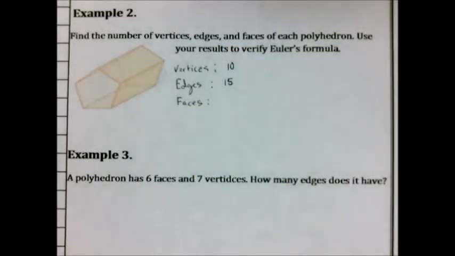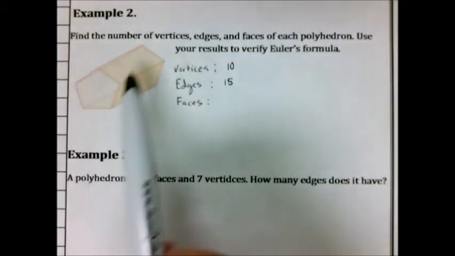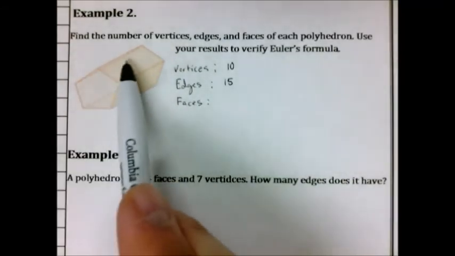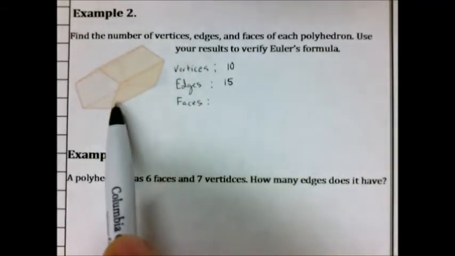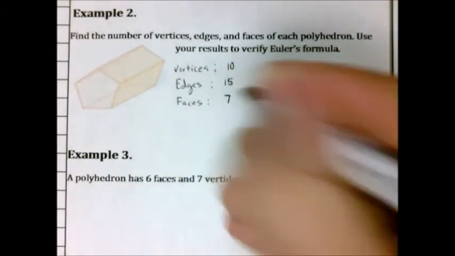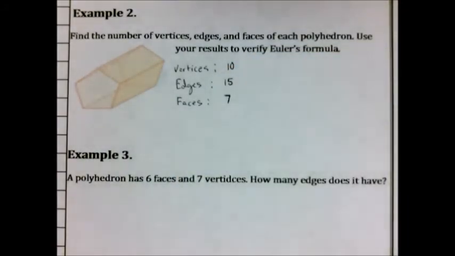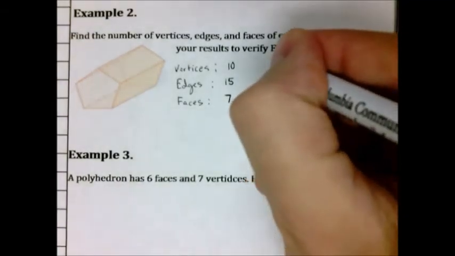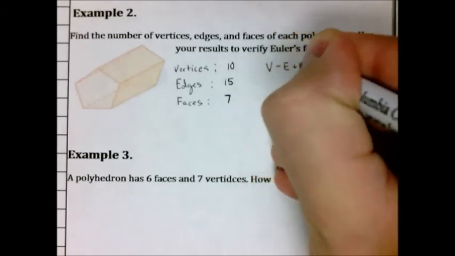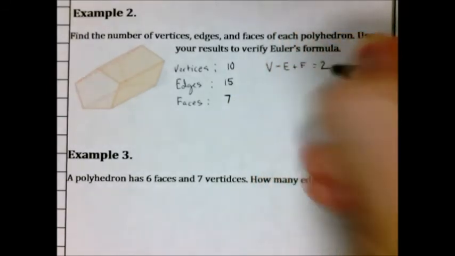Okay, and then let's identify how many faces there are. There's 1 and 2, one at the top and the bottom, and then there's going to be 5 around. So 3, 4, 5, 6, and 7 different faces. We can use Euler's formula to see if this is a polyhedron. Remember, Euler's formula is V minus E plus F equals 2.